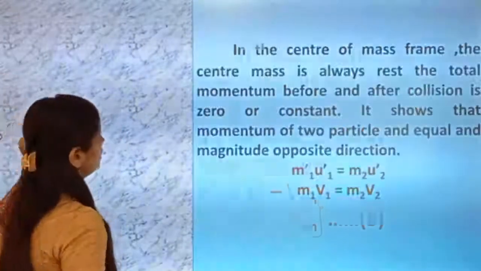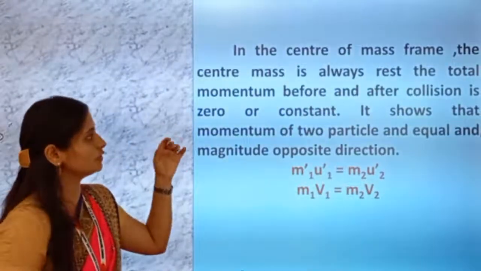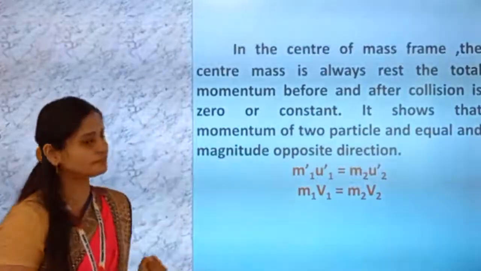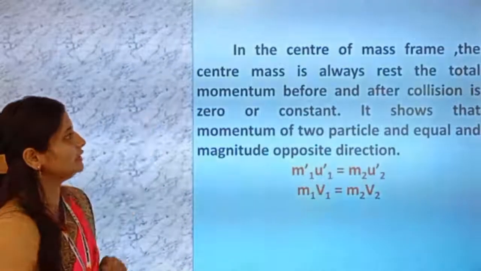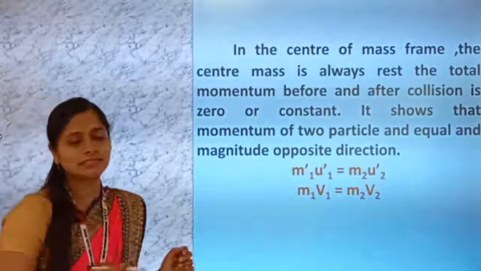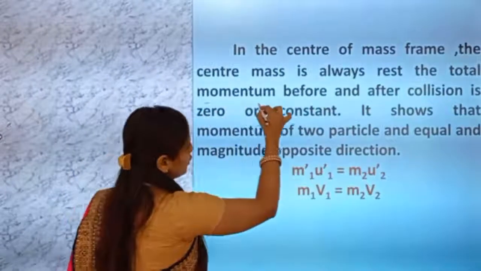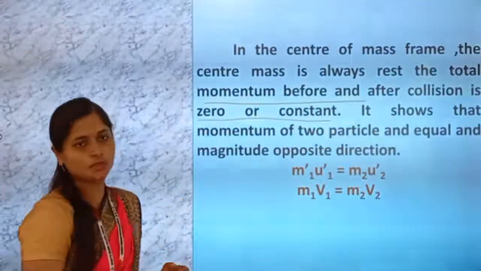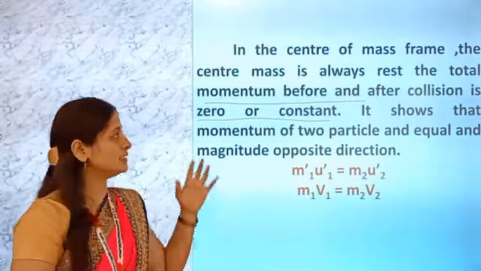Next, in the center of mass frame, the center of mass is always at rest. The total momentum before and after collision is 0 or constant. So what is the conclusion for the center of mass here?